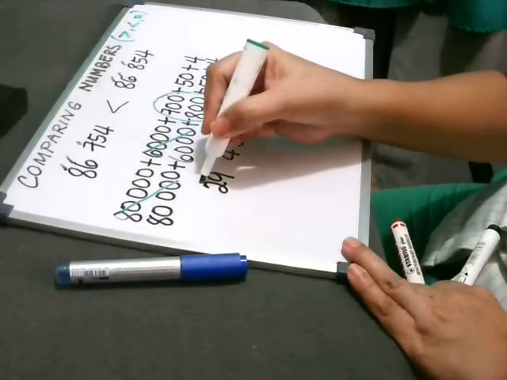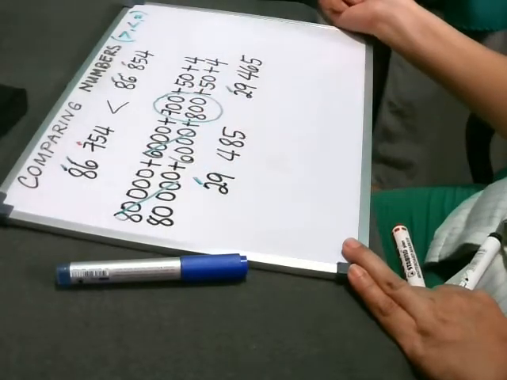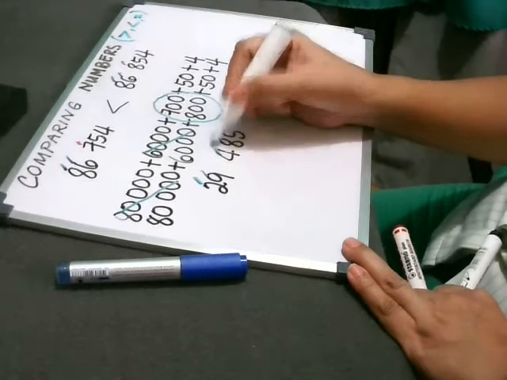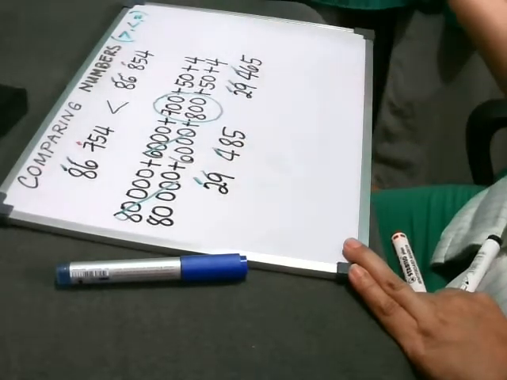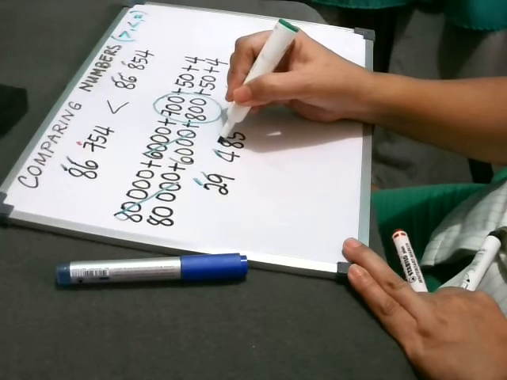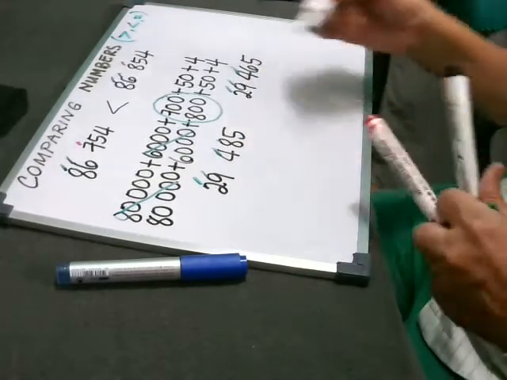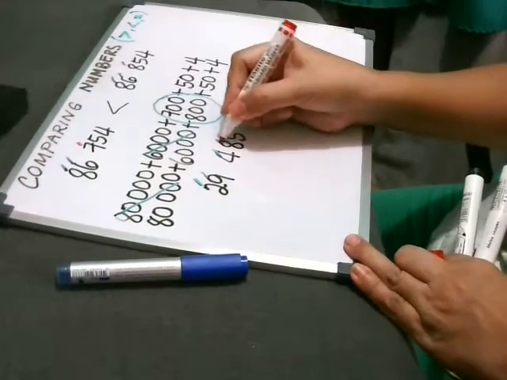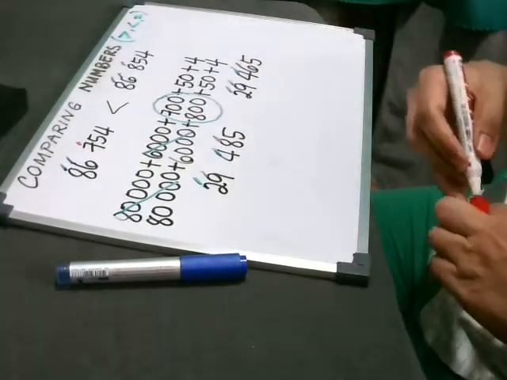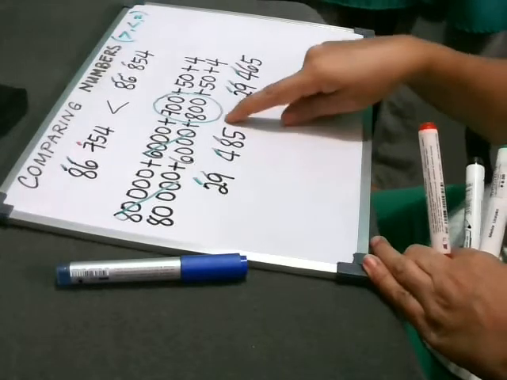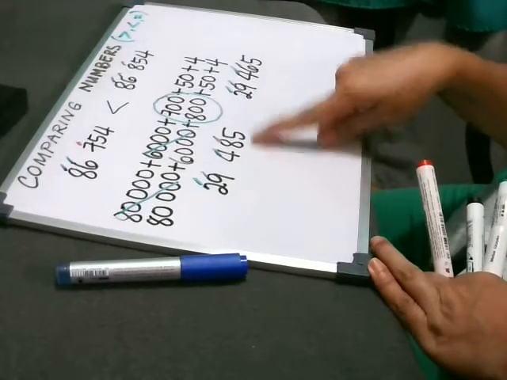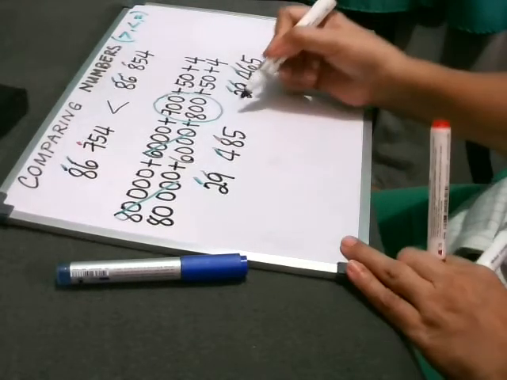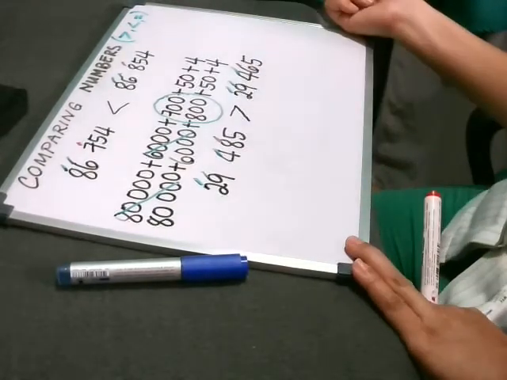So we have here 2, they are the same. 9, they're the same. 4 and 4, it's the same also. And then we have here the 8 and the 6. 8 and 6, they are different. So we'll stop there. You can now put your answer here. 8 is greater than 6. So our answer would be greater than.